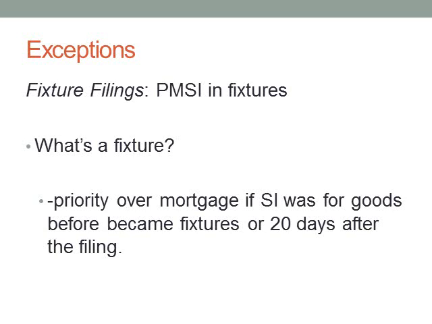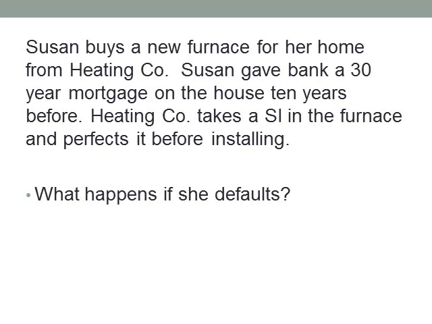What would be the reason for this? Just like I said, the fixtures now become part of the real estate, and that kind of adds value to the bank's secured interest. So let's take this example.